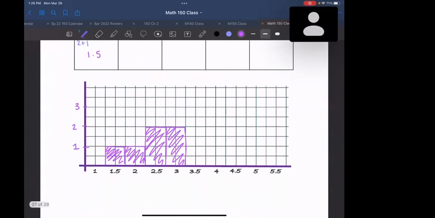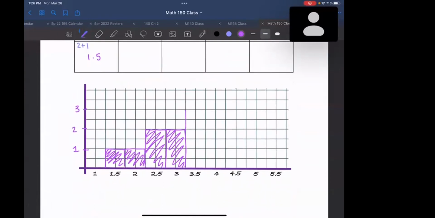We got 3 3.5s, all right. Nice. All right, I'll kind of give the rest to you. There's 2 4s. There's 2 4.5s. And then there's 1 5, and there's 1 5.5.